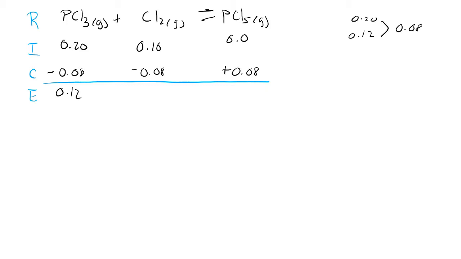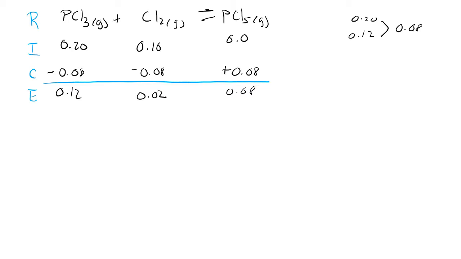So an example of that would be, and I'm just making this up at this point, if there's a 2 with that Cl2, we want to do 2 times that negative 0.08, because the mole ratio represents that you have to have 2 of those chlorines. So make sure you're paying attention to what that balanced value is. This example is a 1-to-1 ratio. All right, so that chlorine goes to 0.02, and then that PCl5 increases to 0.08.